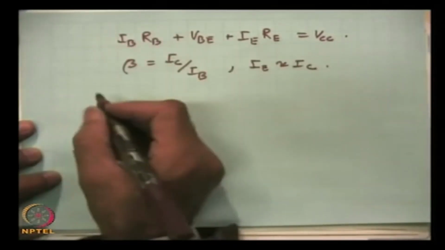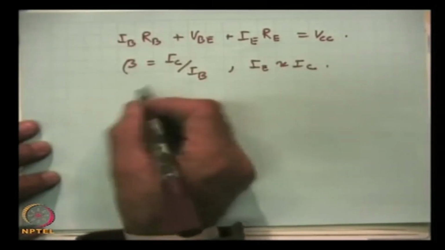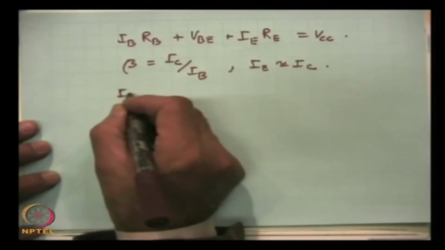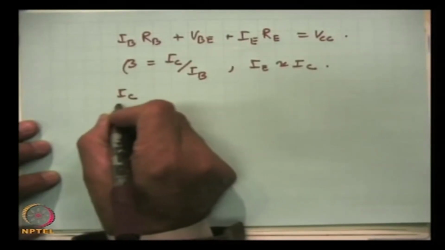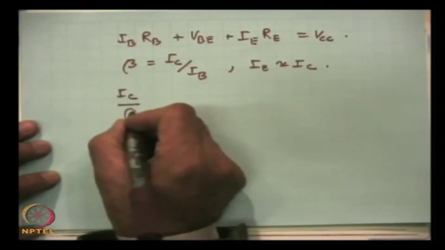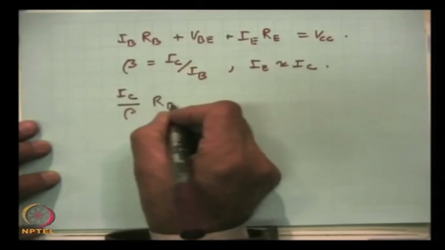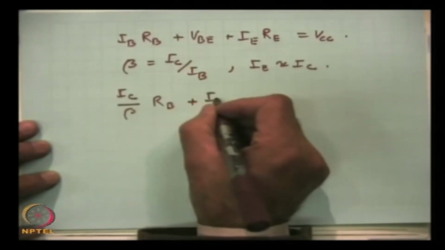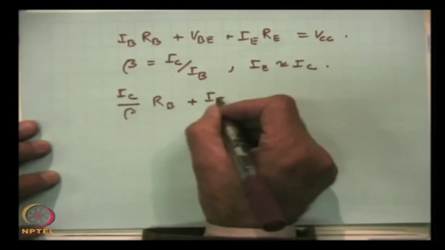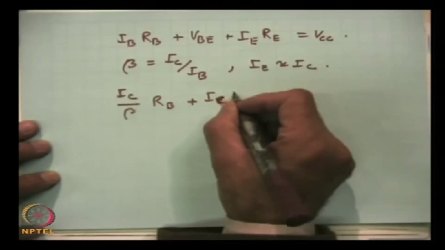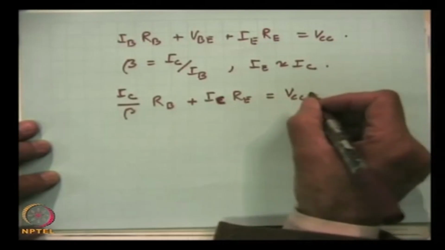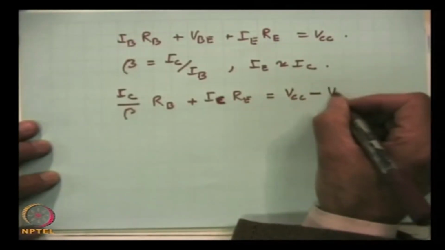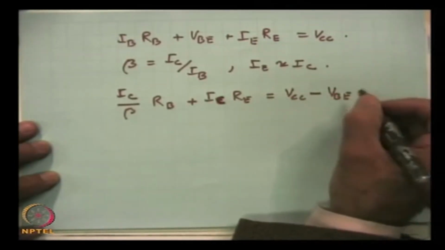Then this equation becomes IC by beta times RB plus IE, again IC, because IC and IE are the same, equal to VCC minus VBE.